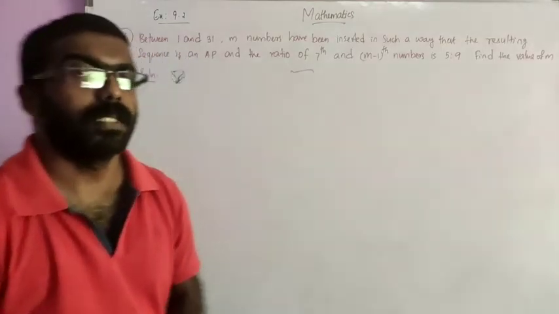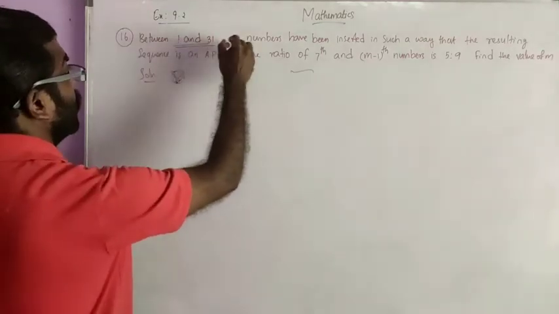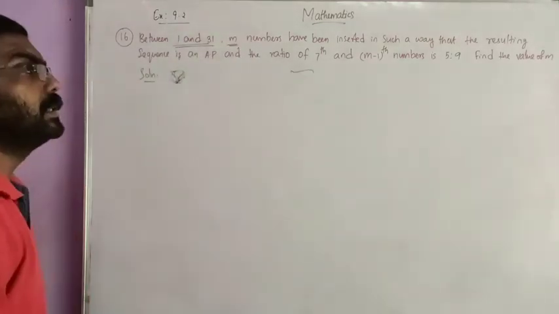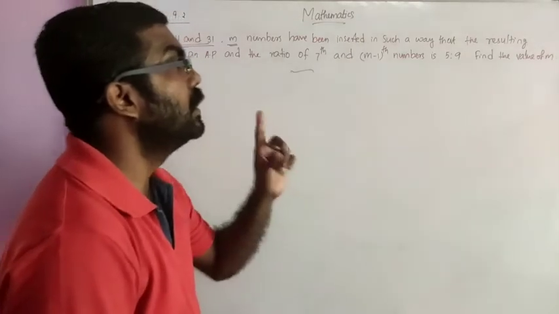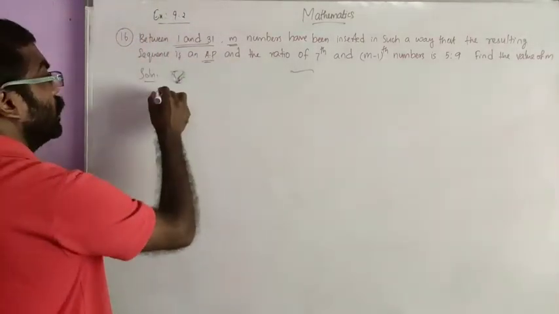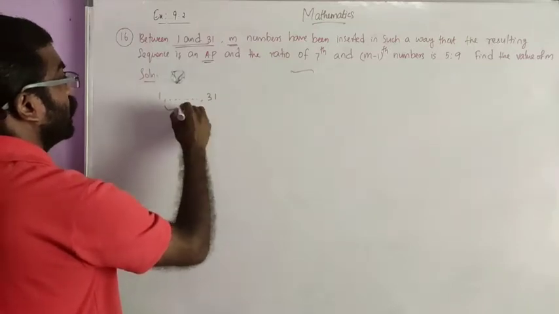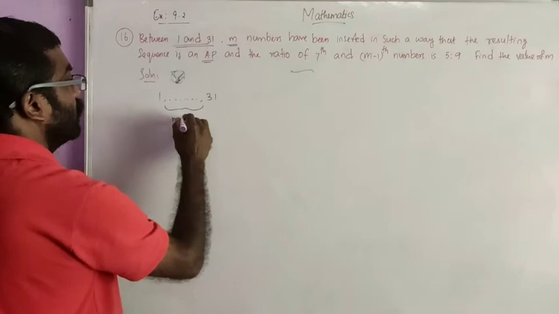Now we move on to question number 16. Between 1 and 31, m numbers have been inserted in such a way that the resulting sequence is an AP. So between 1 and 31, we insert m numbers.